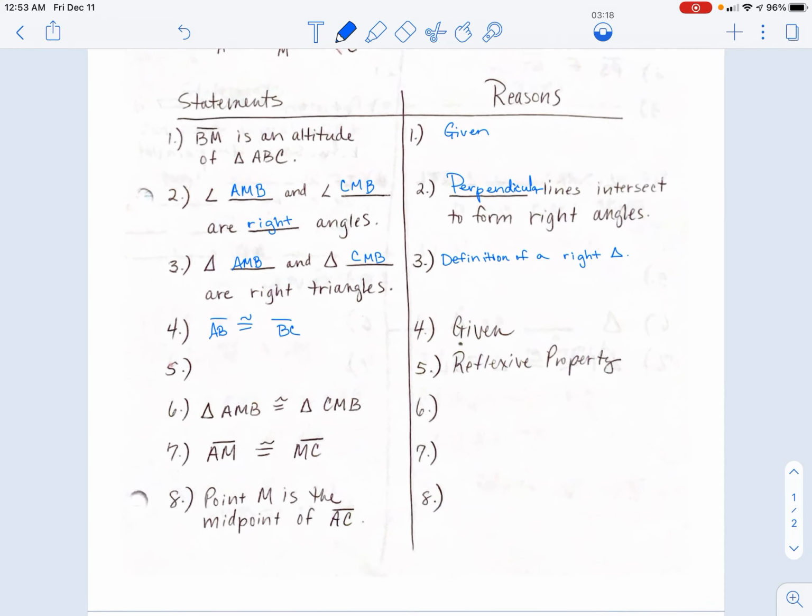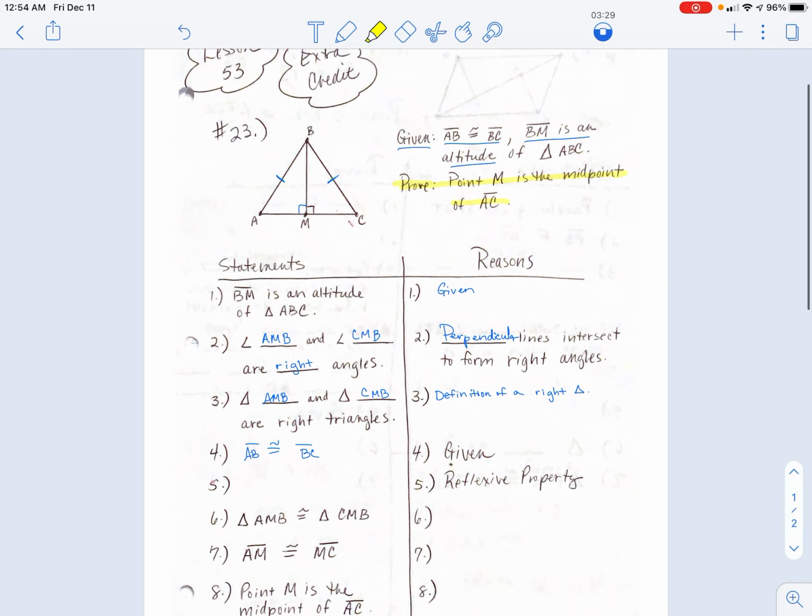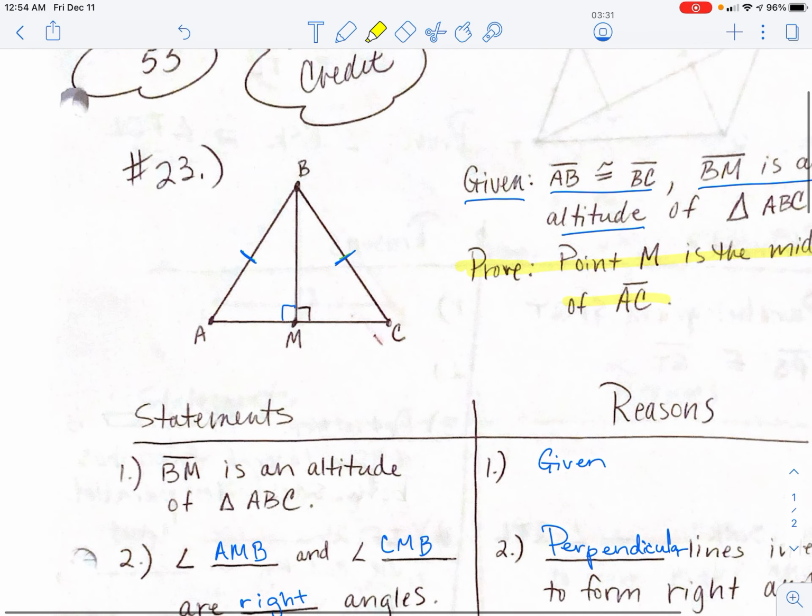Okay, so now what we're trying to do is see if we can prove these triangles congruent, because in the end, let's look and see what we are trying to prove. What we're trying to prove is that point M is the midpoint of AC. So here's point M. I'm putting a yellow mark on it. We're trying to prove that that is the midpoint of AC, and here's AC across the bottom.